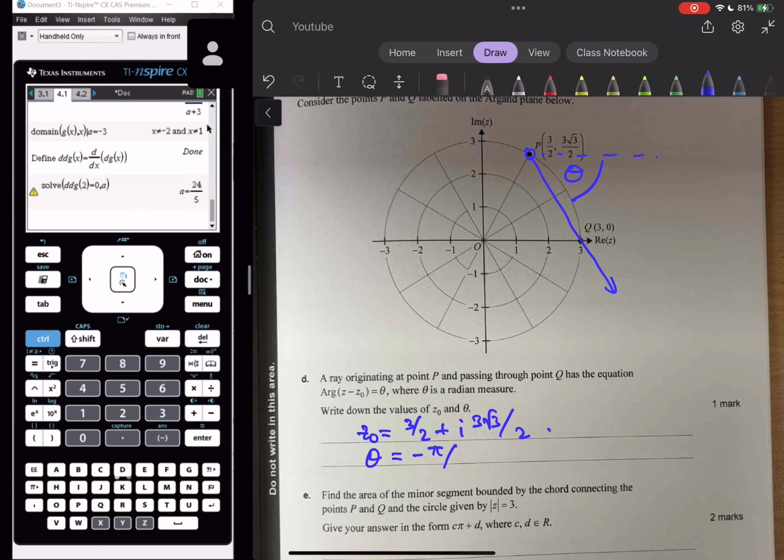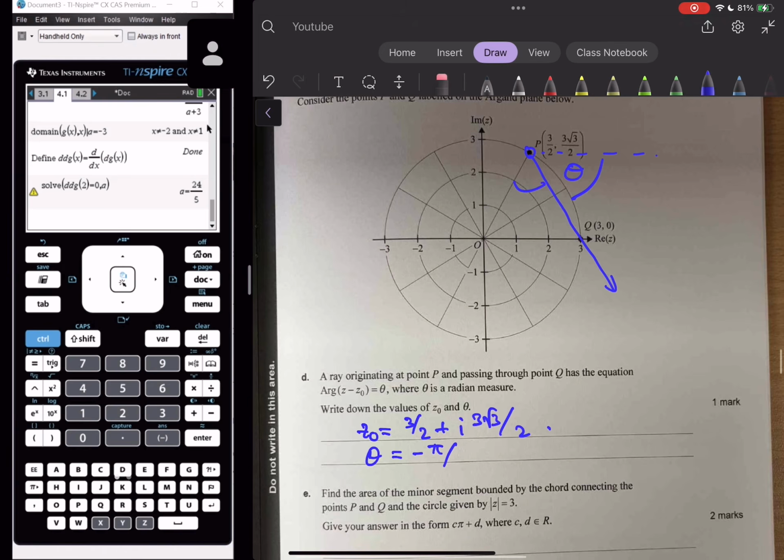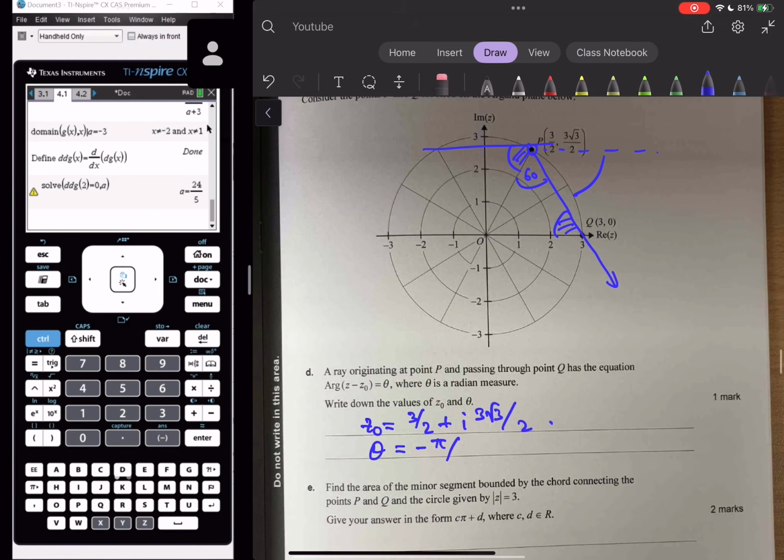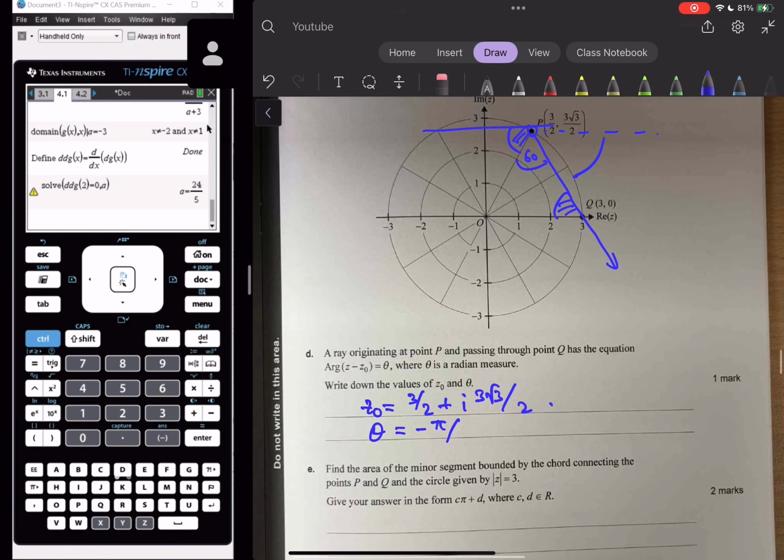If this is 60 degrees, then this angle here should also be 60 degrees because this line over here is parallel to the real axis, and this angle here and this angle here are the same. There's probably a better way of explaining this, but yeah. So we have a 60-degree angle over here. So theta is equal to negative pi on 3 as well.